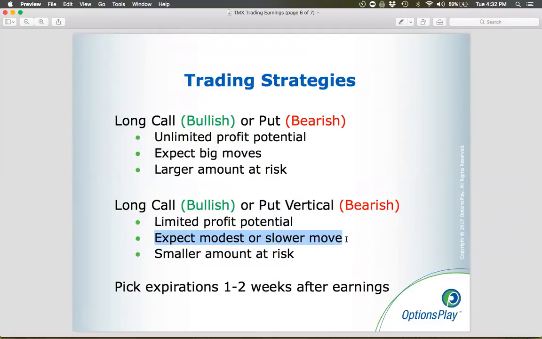So if you don't think the stock's going to make a huge beat or a huge miss, or if you think that after it beats the stock is going to grind higher, meaning it's not going to make a quick move higher, you would use a vertical as opposed to just a call or a put. And lastly, this strategy does put a smaller amount of money at risk. So you're not risking as much money as if you're just buying a call or a put, okay?